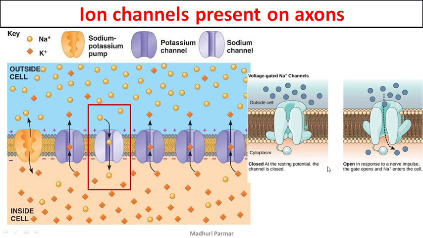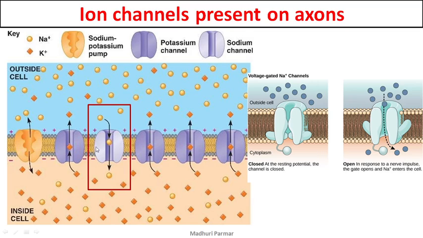Clear? So they are closed, and when there is some change in voltage, they will open. And as soon as they open, all the sodium ions will move inside, till the number of sodium ions outside and inside is same. Clear? Fine. So this is called equilibrium, when the concentration of sodium outside and sodium inside is same.